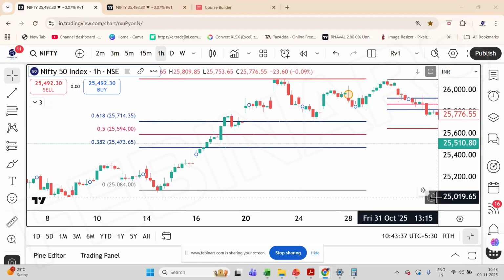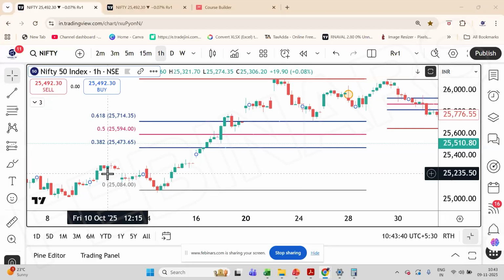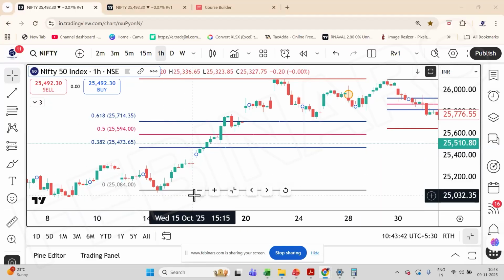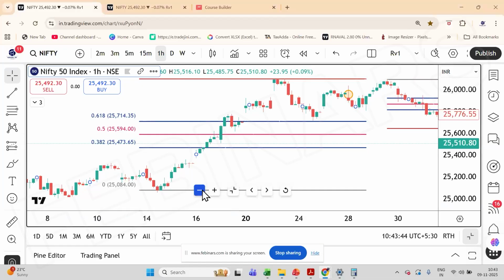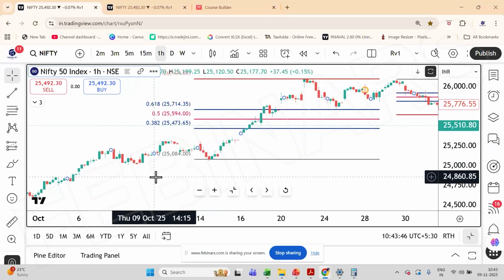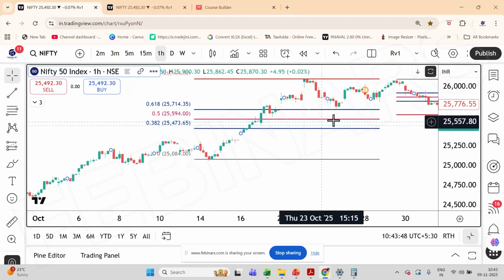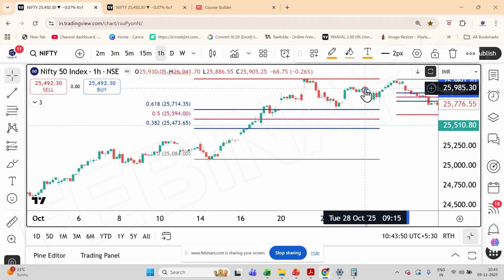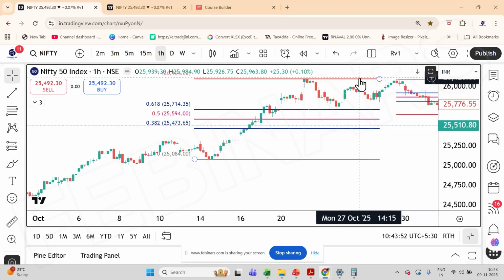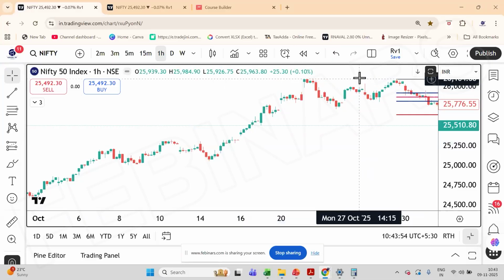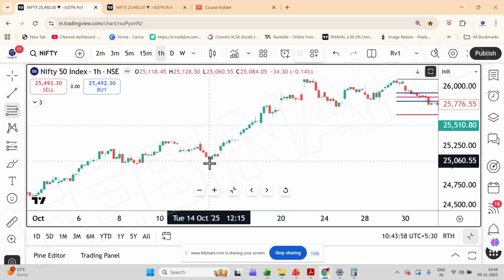Yes, definitely, Mr. Abhishek, I'm going to show it with the charts. The same power of golden ratio is what we are going to learn now.